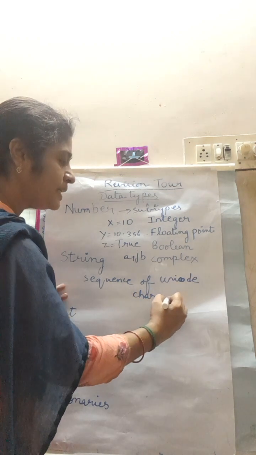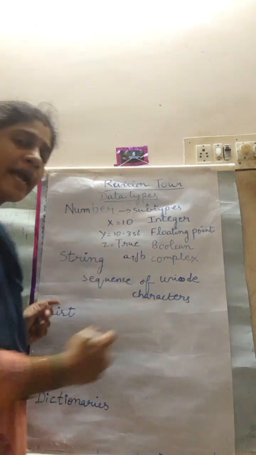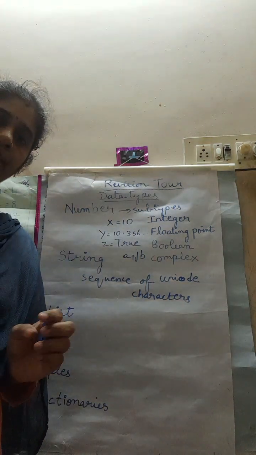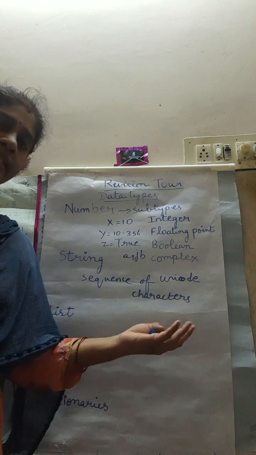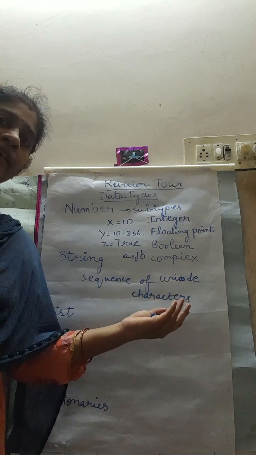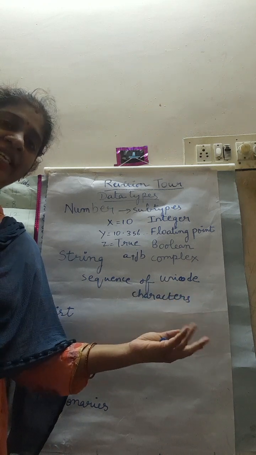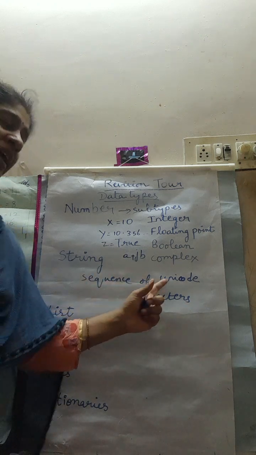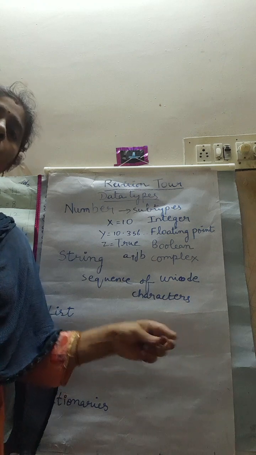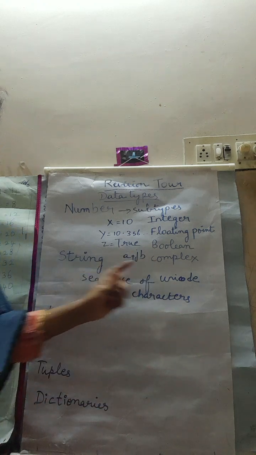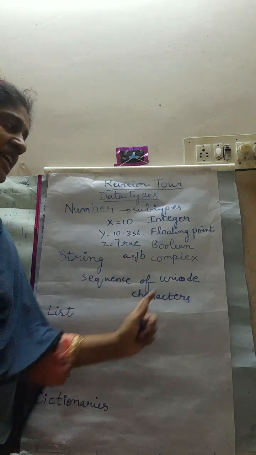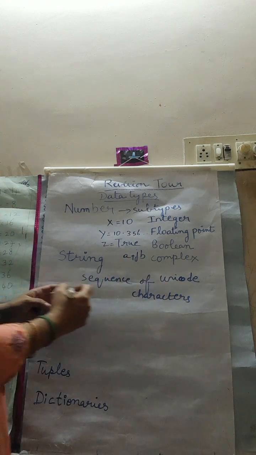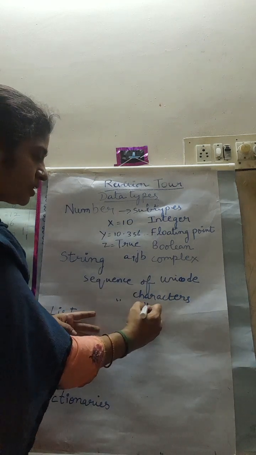Unicode supports characters of all languages. If you take ASCII, it supports alphabets and basic numbers. Unicode means it supports alphabets of all languages. So a string is a sequence of Unicode characters written within double quotes.